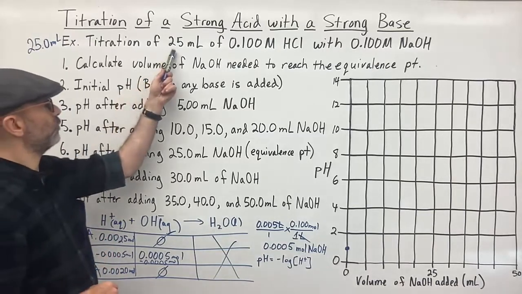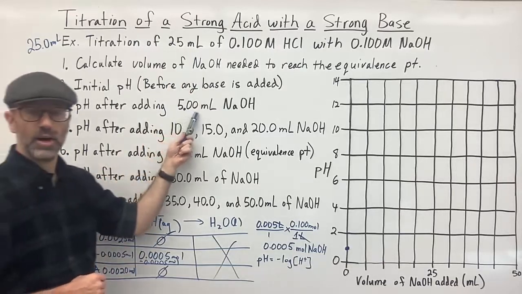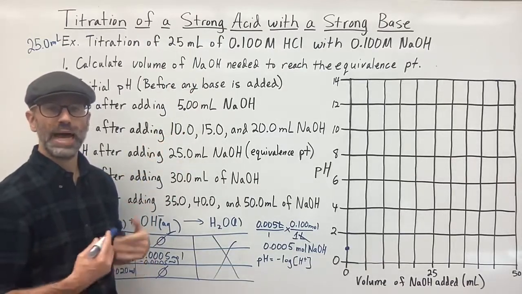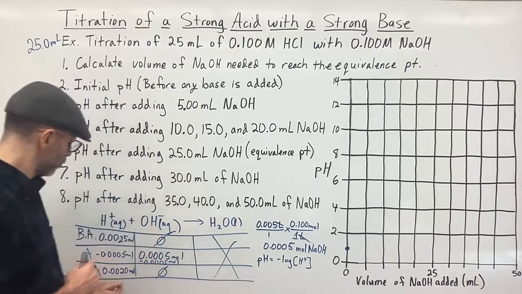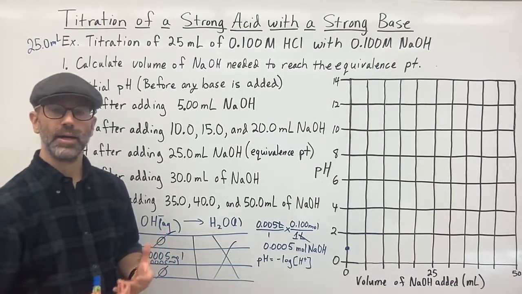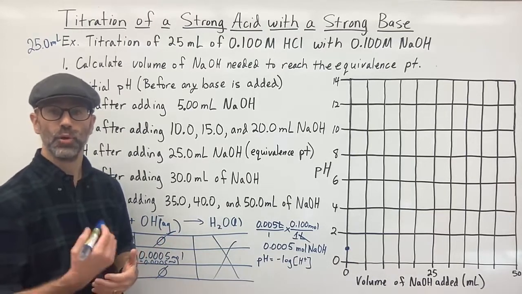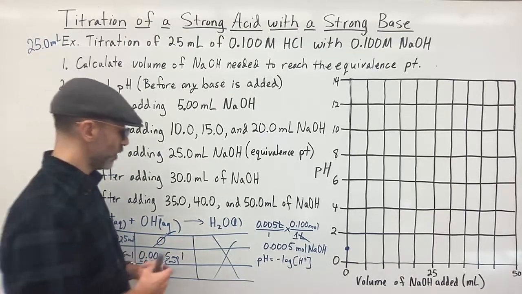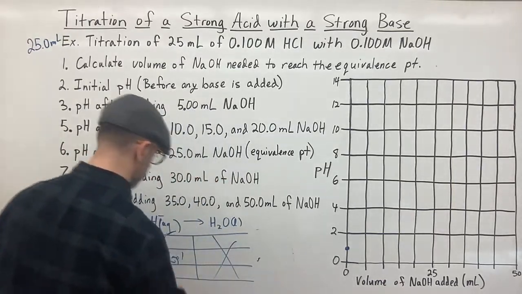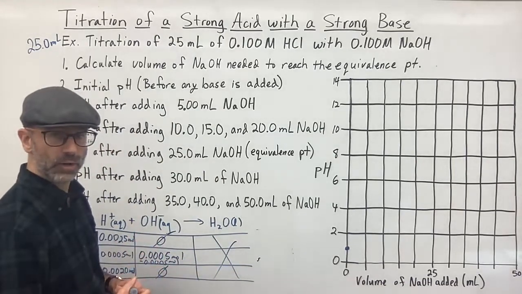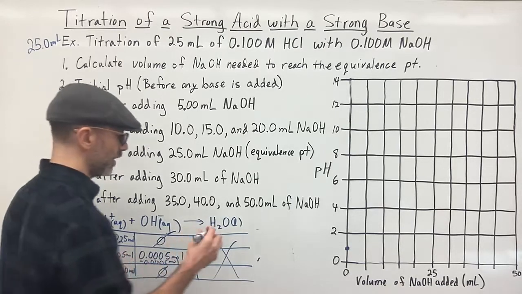We started off with 25 milliliters, but when we added 5 milliliters of our NaOH, we changed the volume. We now have 30 milliliters of our total solution. So we need to take the moles and divide by the new volume of 30 milliliters, or 0.03 liters. So first we must recalculate the molarity of our new solution after adding the 5 milliliters of NaOH.